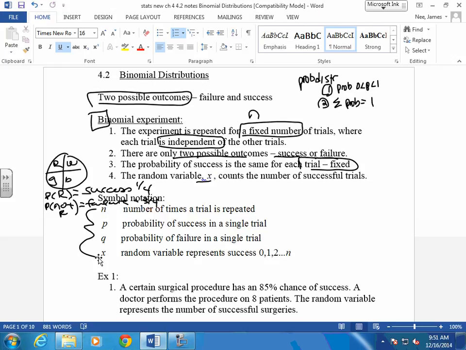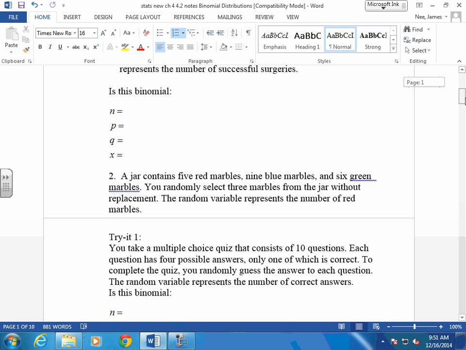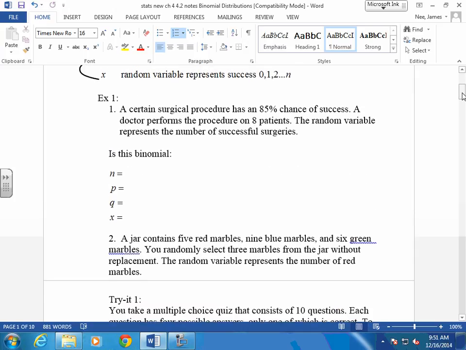The first thing we want to do is make sure that we can determine if, in fact, it is a binomial distribution. So if you take a look at the first 2 examples, they're just asking us to determine, is this a binomial distribution? So a certain surgical procedure has an 85% chance of success.